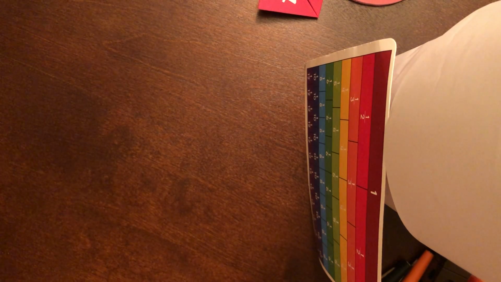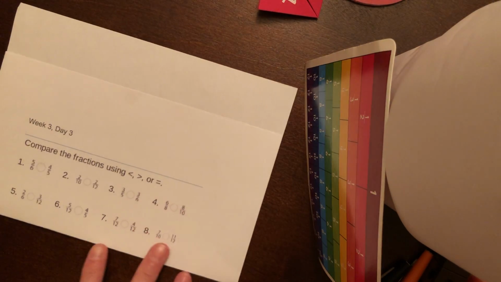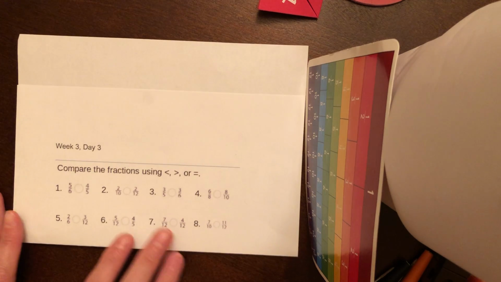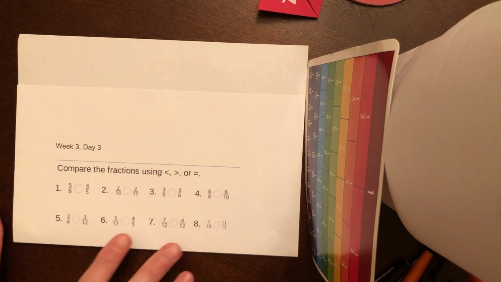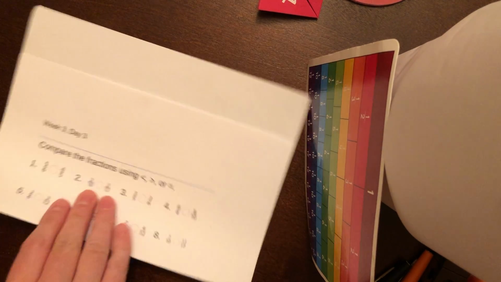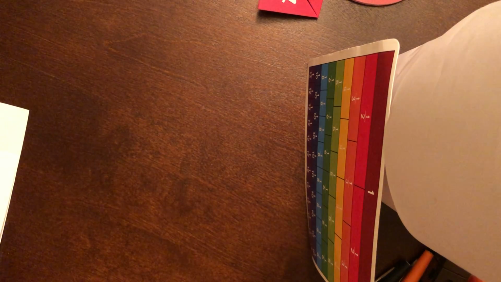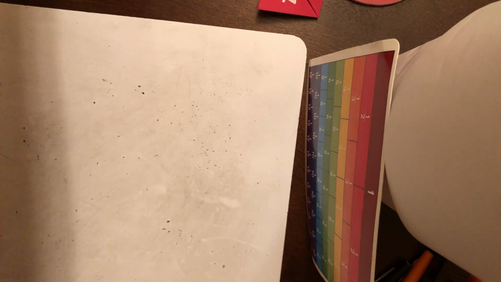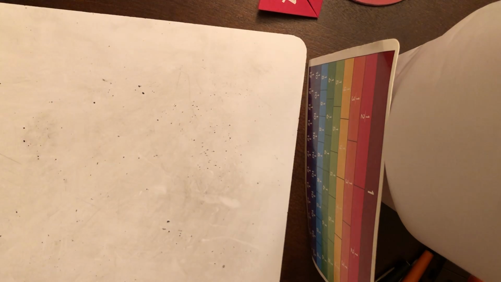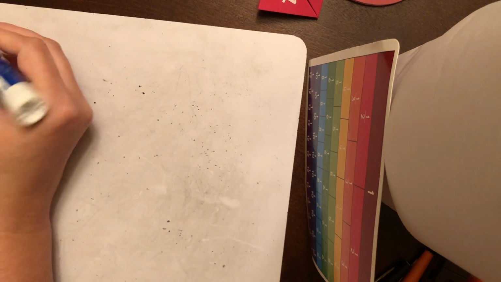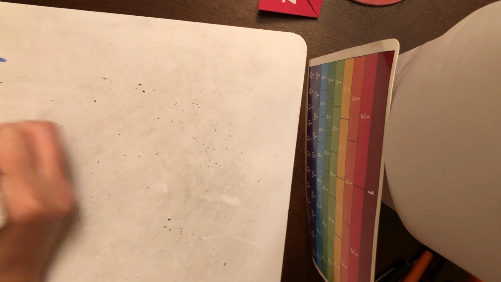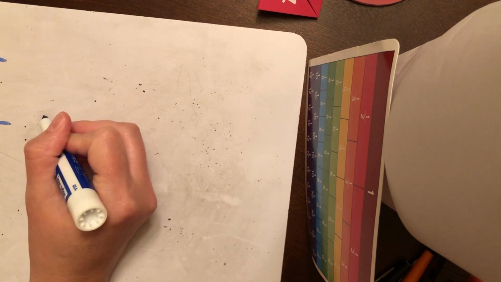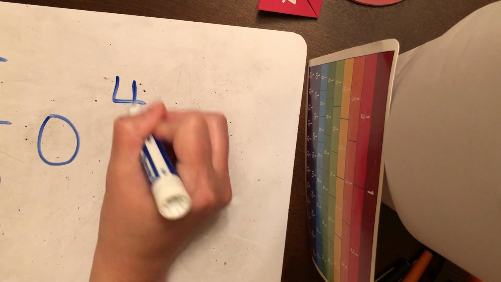And I'm going to review our classwork from last week, comparing fractions, to make sure everyone understands how to do this. So the first one that we had was 5/6 compared to 4/5.